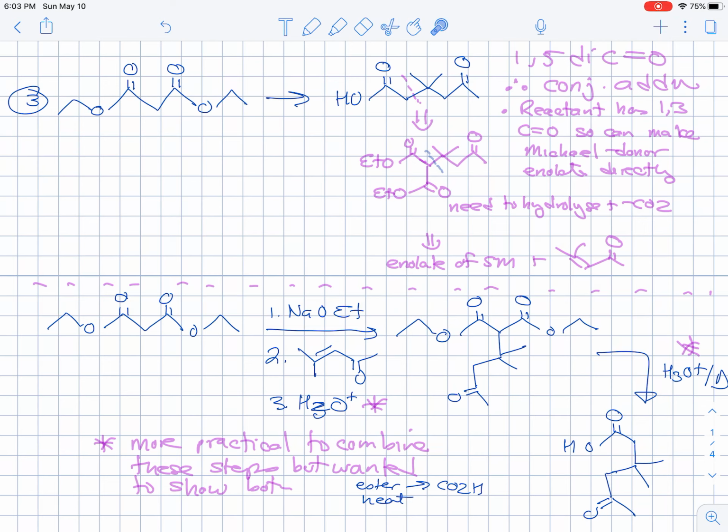And I honestly don't know how much control you have over this situation. So if you just add acid, you might get this, you might get the dicarboxylic acid, or you might even get some of this. So as I said, in real life, you would do these 2 things together.